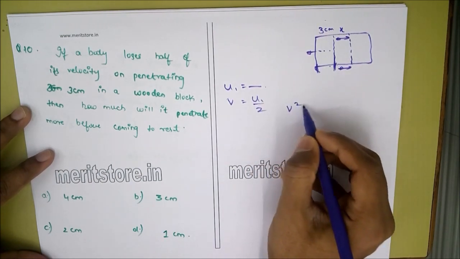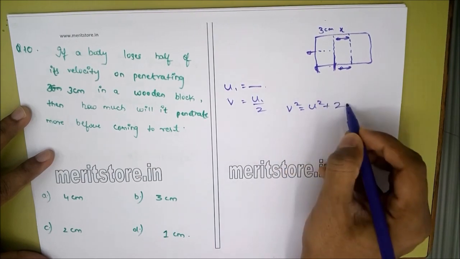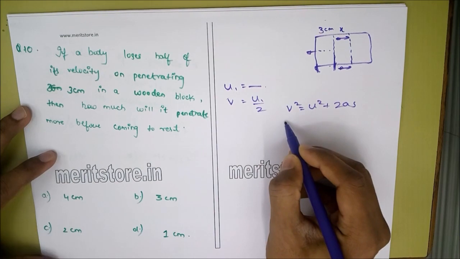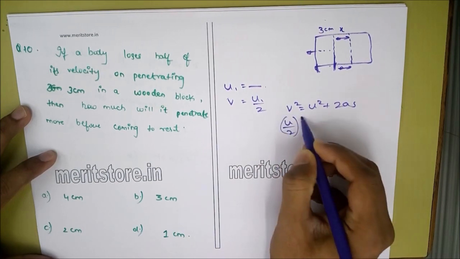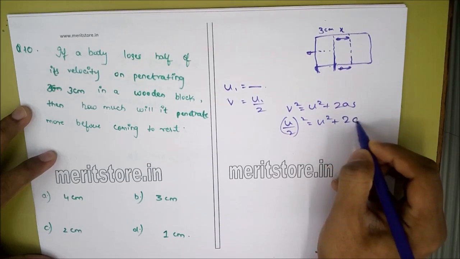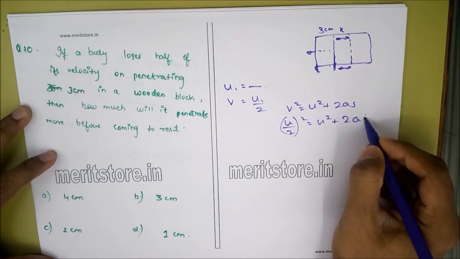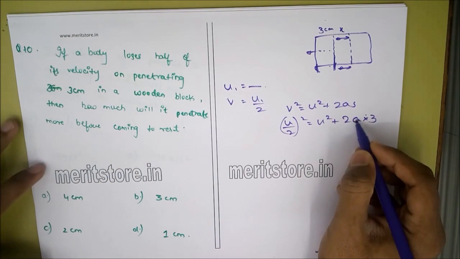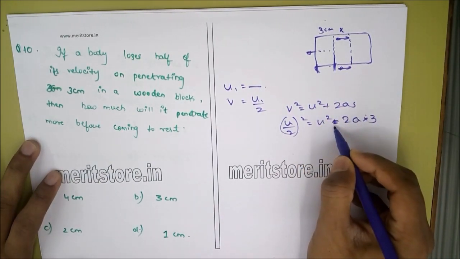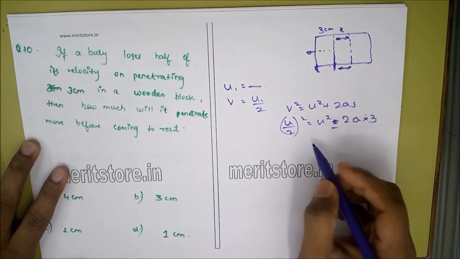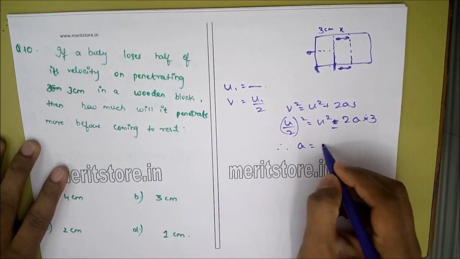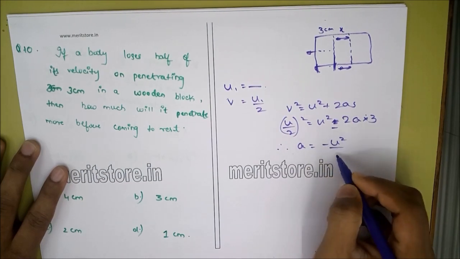Using the relation v square is equal to u square plus 2as and substituting v as u by 2, so (u by 2) square is equal to u square plus 2a into s, where s is 3 centimeters. Now the acceleration over here, since the body is coming to a rest, would be retardation, and hence there would be a negative sign. Therefore, finding the value of a, we get a as minus u square upon 8.